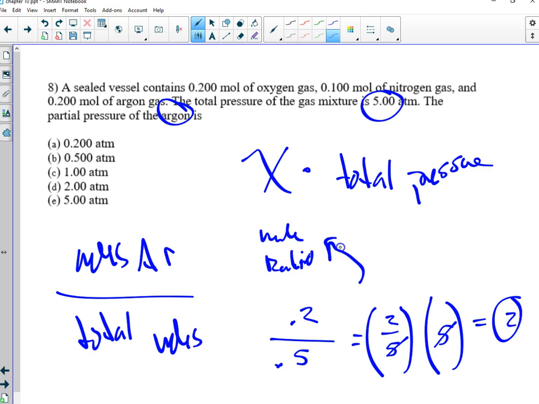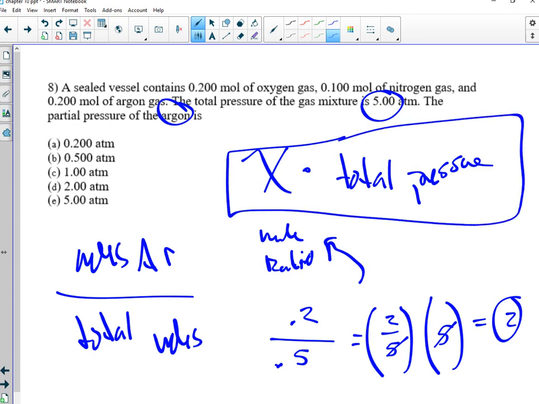That's more than 5. That's a good sign. Okay. Partial pressure. Definitely going to be assessed in more than one way. Okay? Mole ratio times total pressure. Had we done mole ratio before in any other? Okay. We'll use it again. It's probably chapter 11 or chapter 13 where it comes up.